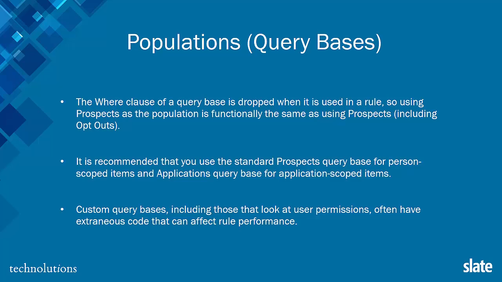Pretty much any custom query base that has been created in Slate for your own particular instance is going to have extraneous code added to it that could be detrimental to the performance of your rules. So you want to think through the population that you're going to be affecting, and with that population, make sure you're using the appropriate query base. Again, prospects and applications are your primary ones.